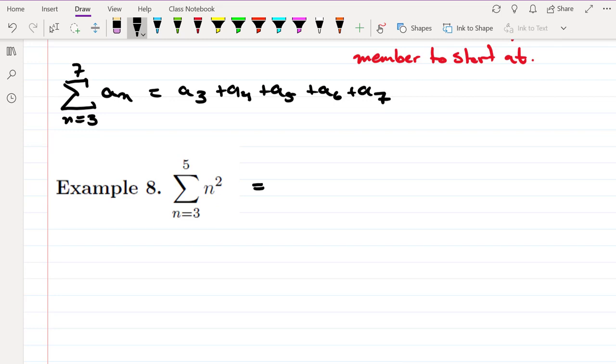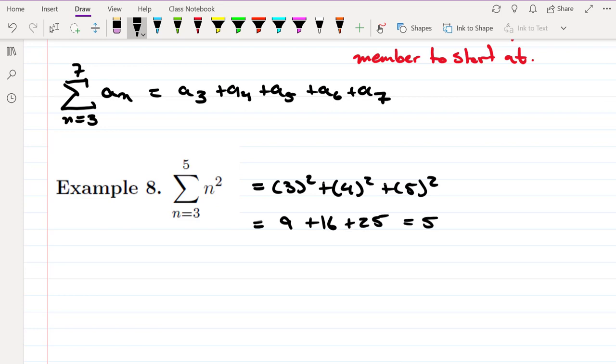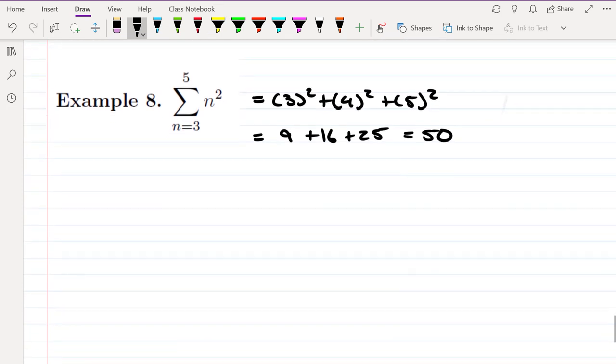So when n is 3, we get 3 squared plus 4 squared plus 5 squared. And we stop at 5, so then we get 9 plus 16 plus 25. So that sum is going to equal the number 50.